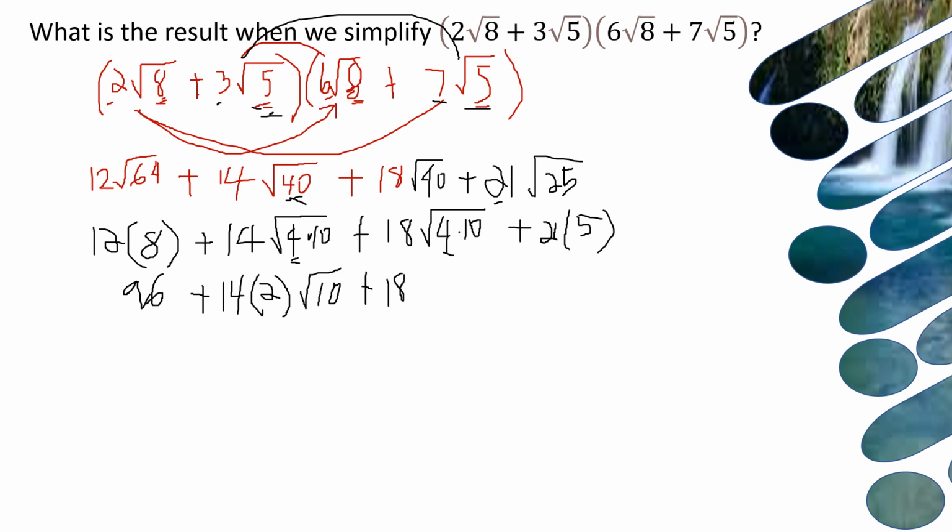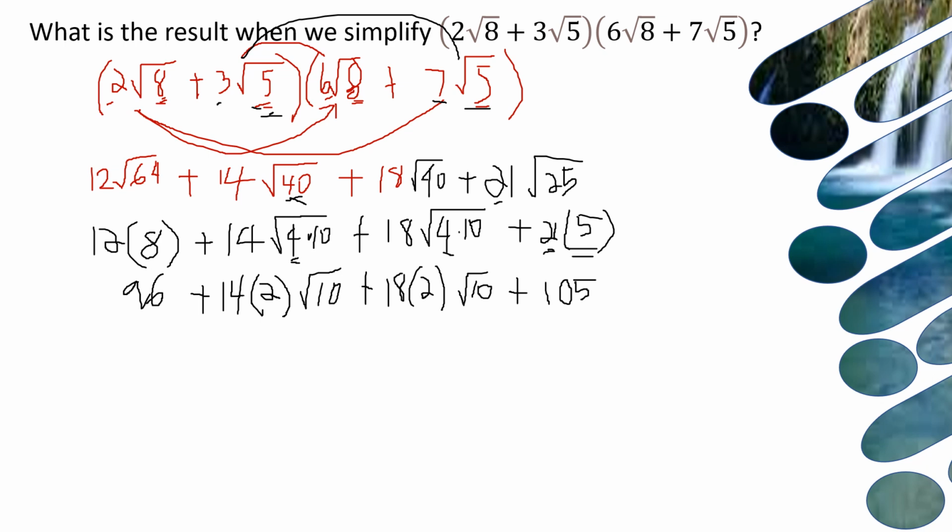Then another 4 should be written outside as 2. Then 10 plus 21 here multiplied by 5. That's 105.